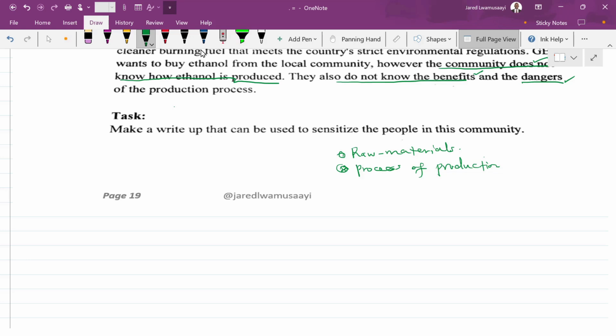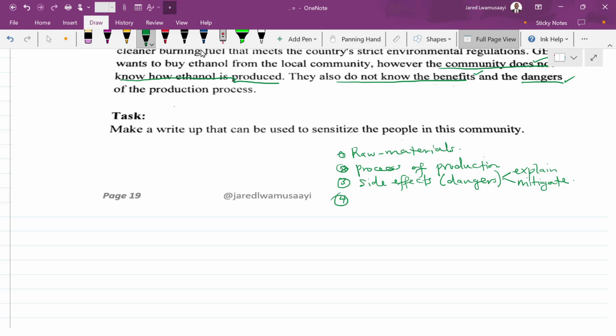Then from there, we shall talk of the side effects. They have called them dangers of the process of production. And as we are giving a danger, we are going to explain the dangers or the danger and then mitigate.